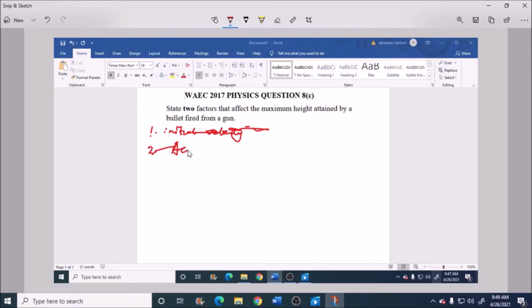Then number three, we have air resistance. And then number four, we have angle of projection.